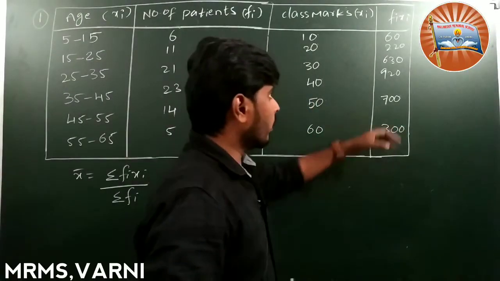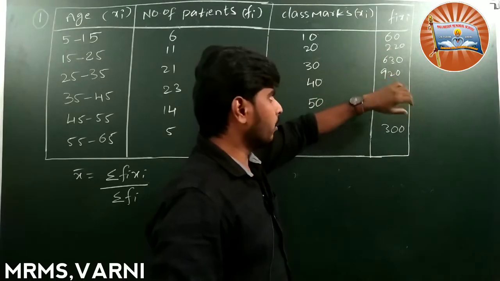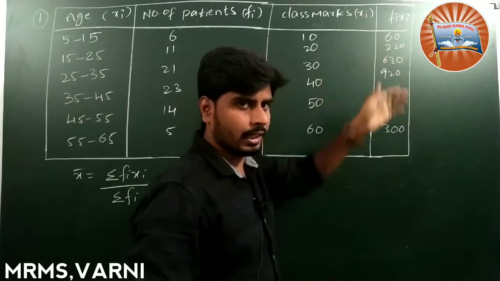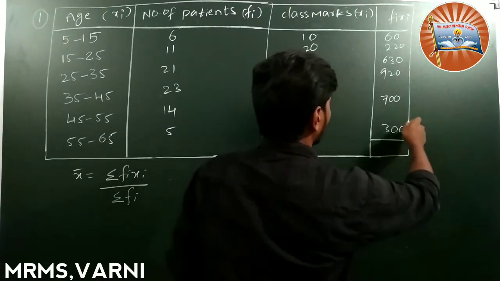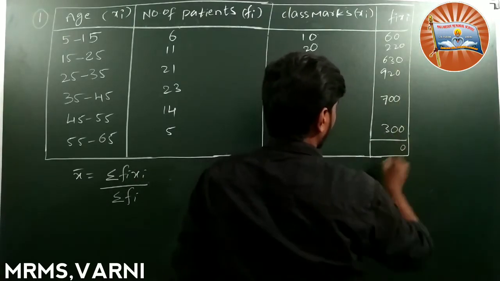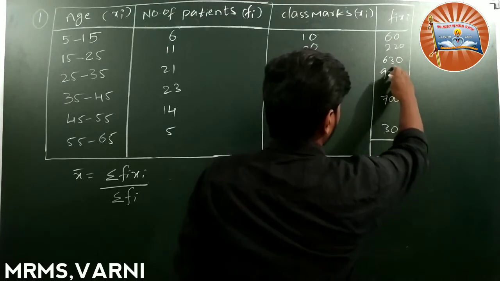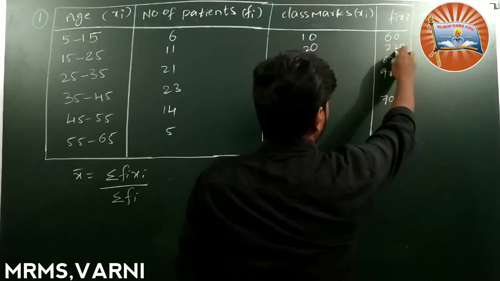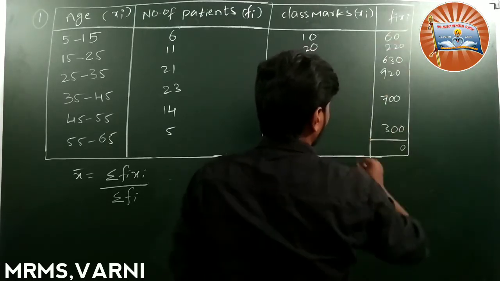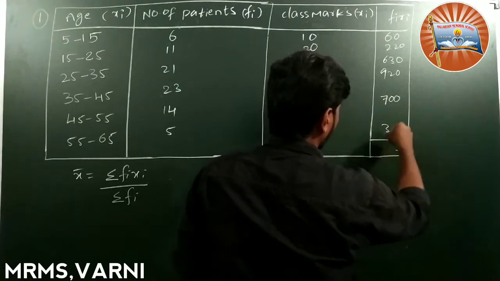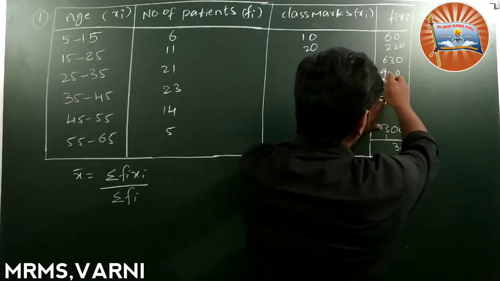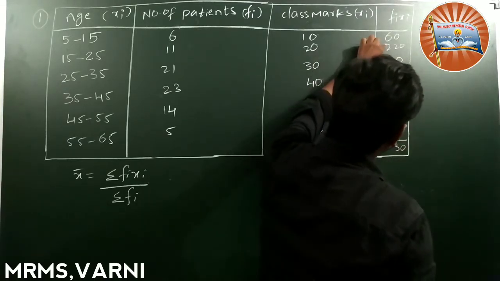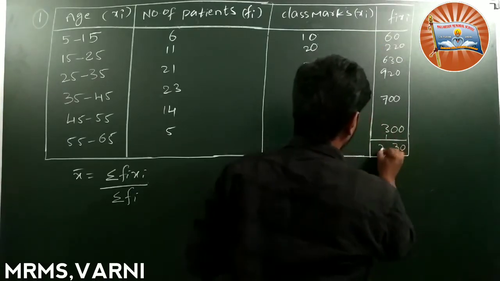Now we have to find the sigma Fi xi. It means we have to add all these Fi xi values here. Let us add. So 0 0 0 0 0 here and 2 3 5 7, 7 plus 6 is 13, 3 here 1 carry. 1 plus 9 is 10, 20, 20 plus this 8 is 28.